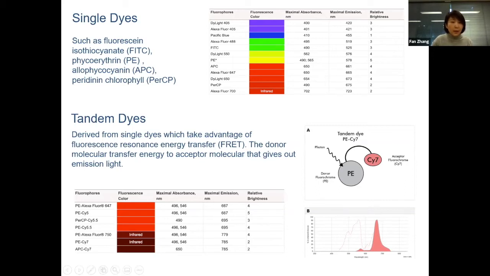These are examples of tandem dyes we commonly use in flow cytometry. For example, PE-Cy5 that is derived from PE, and APC-Cy7 that is derived from APC. So why do we use tandem dyes? With a limited amount of biological sample, we always want to increase the number of parameters that can be detected at the same time.